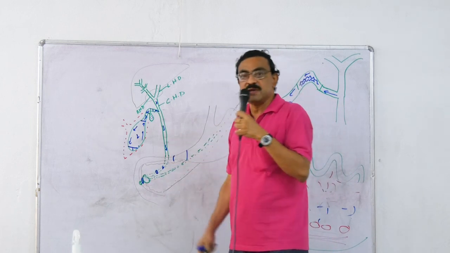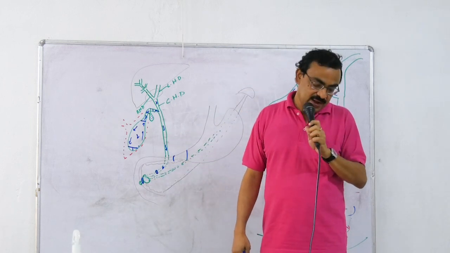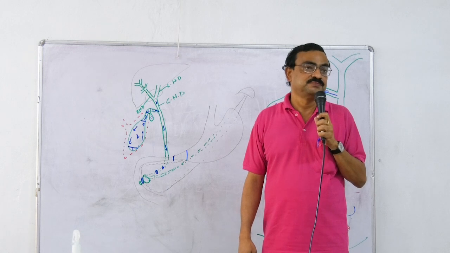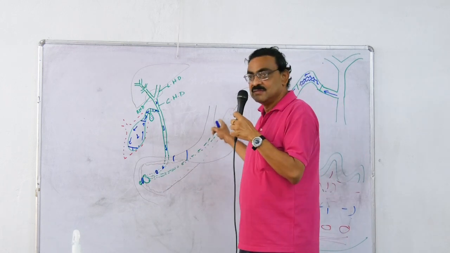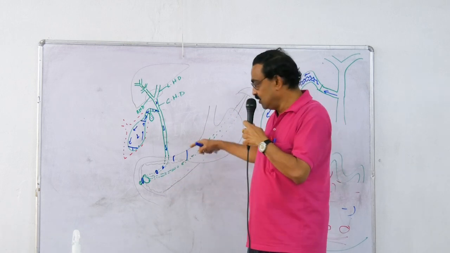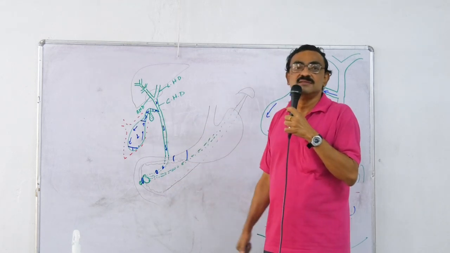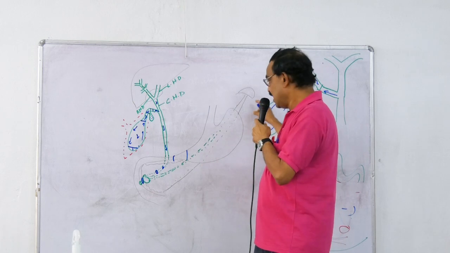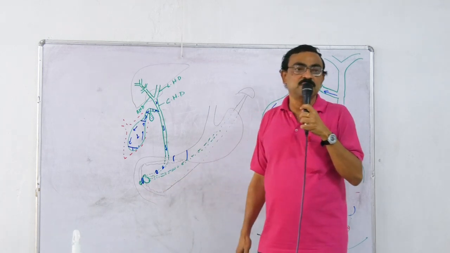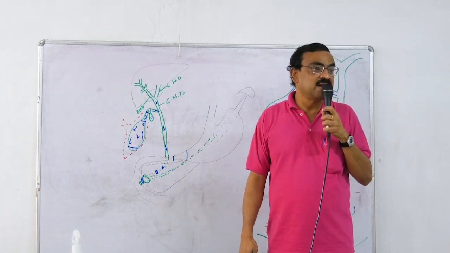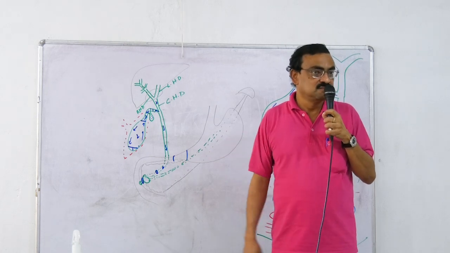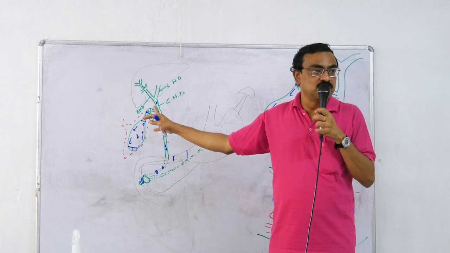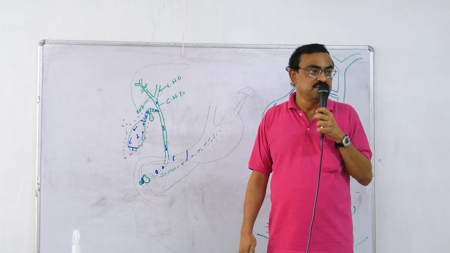Then it will pass behind the head of the pancreas, and then it will move to the right side, downward on the right side, and it will join ultimately with the main pancreatic duct. And rest of the course, you know already.